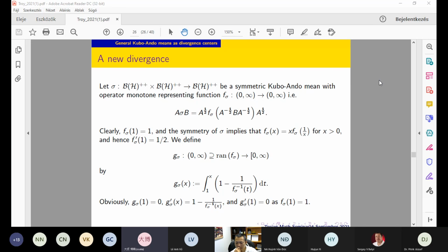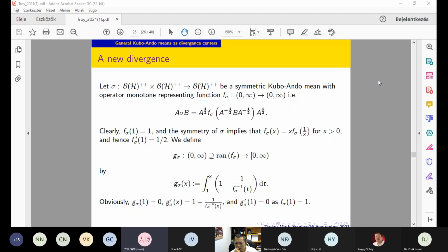We already published one paper in the Proceedings of the AMS. If you are interested, you may check it. So I think, as Hua said, you can extend your result to a non-symmetric mean.